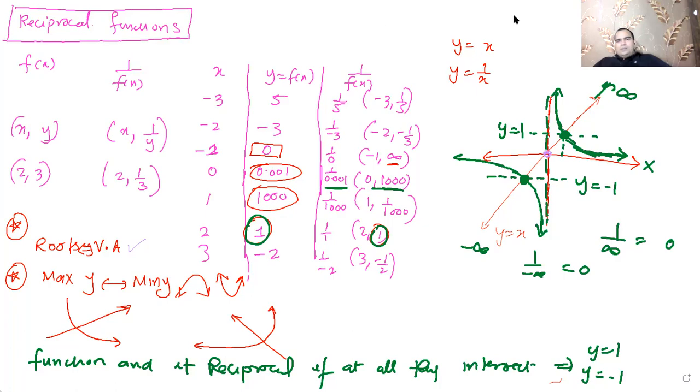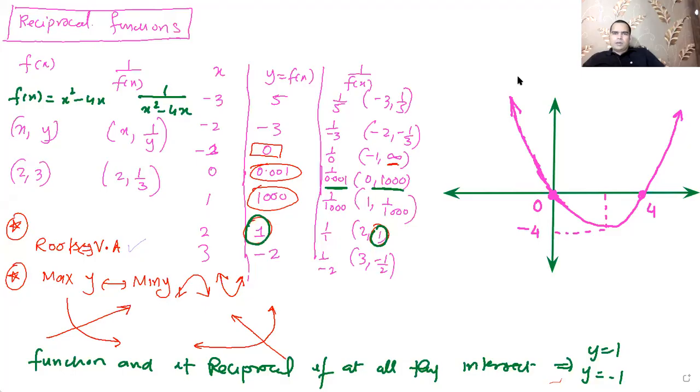So let's take one more complicated example. In the second example, what we are trying to sketch is the reciprocal function for 1 over x square minus 4x. Obviously we know that the x square minus 4x graph is going to look like this. When you're finding the reciprocal function for this, we need to use the properties that we have written out here.